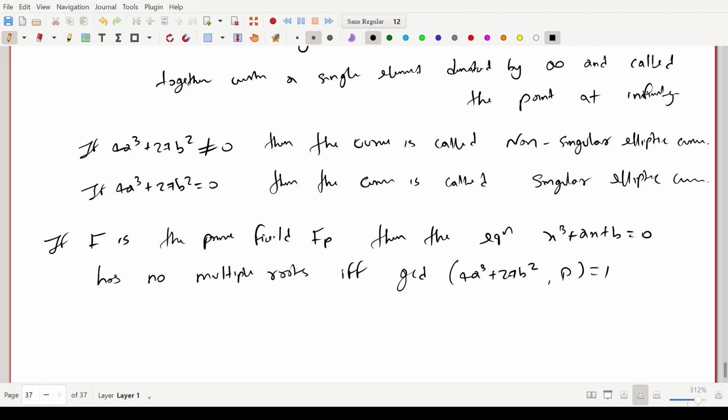The set of points on the elliptic curve form an abelian group under some binary operation addition, and it is defined as below.